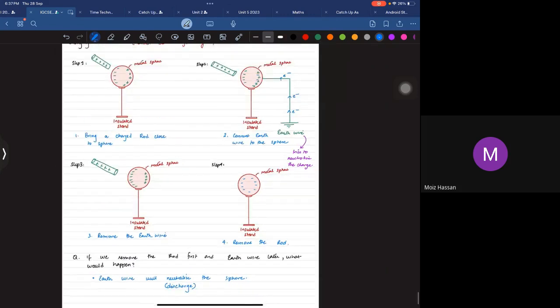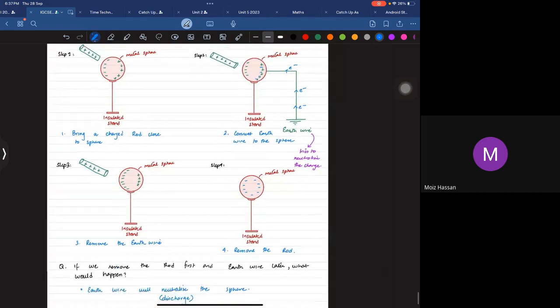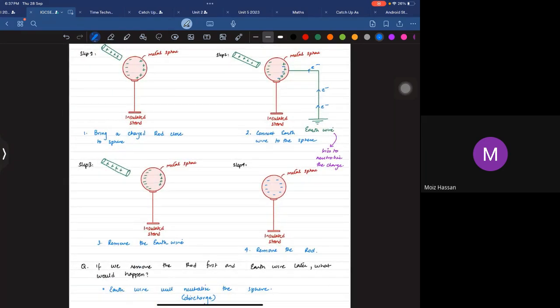Okay, you guys can draw this, and then I'm gonna show you a question that they will ask you. Sir, when you say that it will neutralize the sphere, what does that mean?